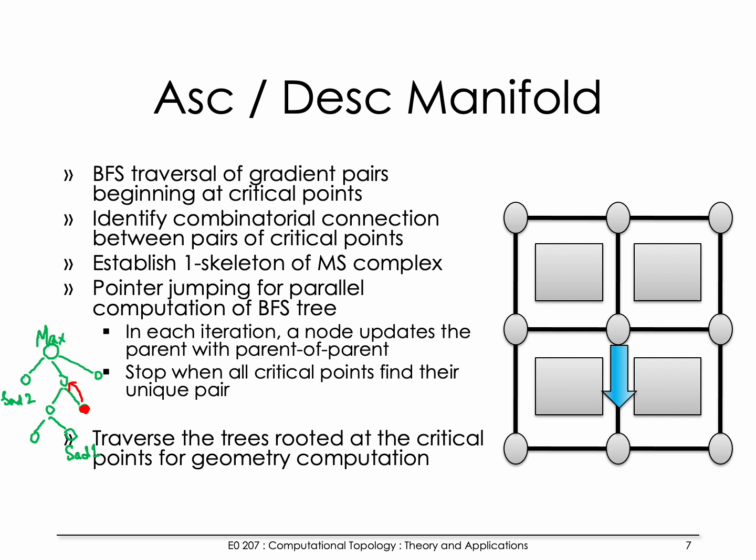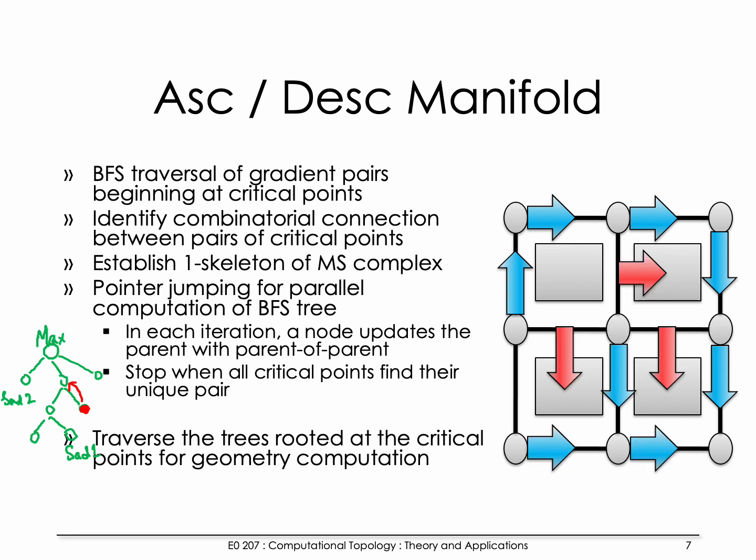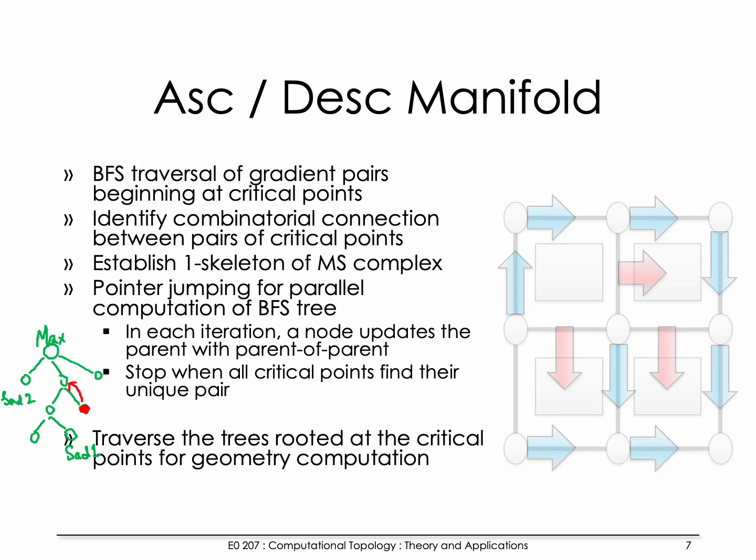So we have the gradient pairs, the 0-1 pair and the 1-2 pairs, and we have the ascending and descending manifolds. In this case, we are seeing the descending manifolds, and the critical cells are the cells which have no pairs.